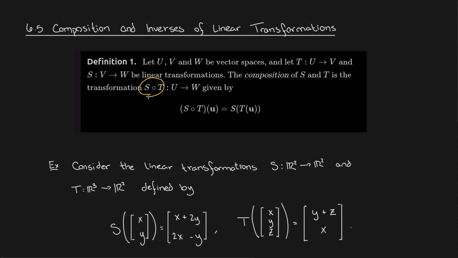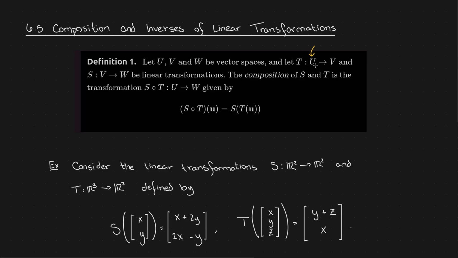So S compose T goes from U, the domain of T, and maps into W, the codomain of S. And the way we define it is that S compose T of a vector u is equal to S of T of u.